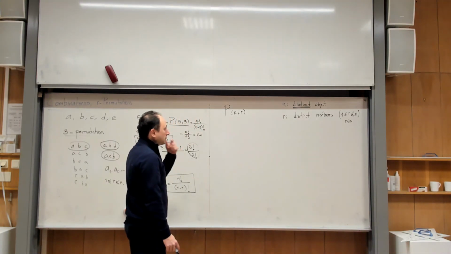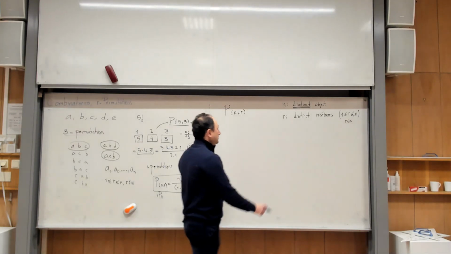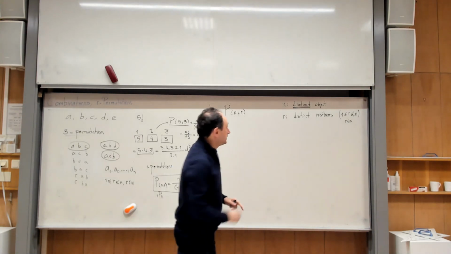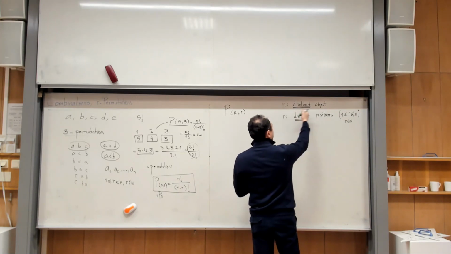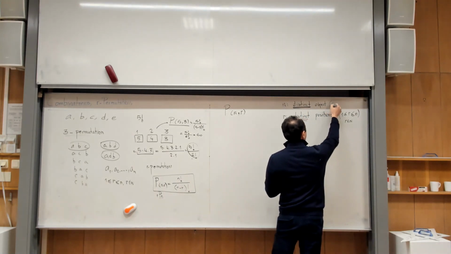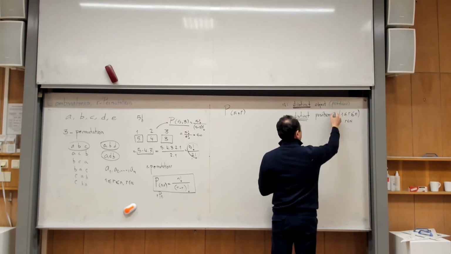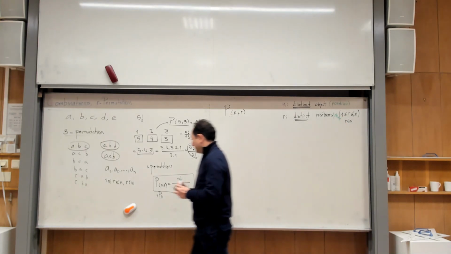Something that I want you to know: it doesn't matter if I have, let me write it with a different color, n distinct objects, I can write positions, and then instead of positions, I can write objects. Let me make it better.